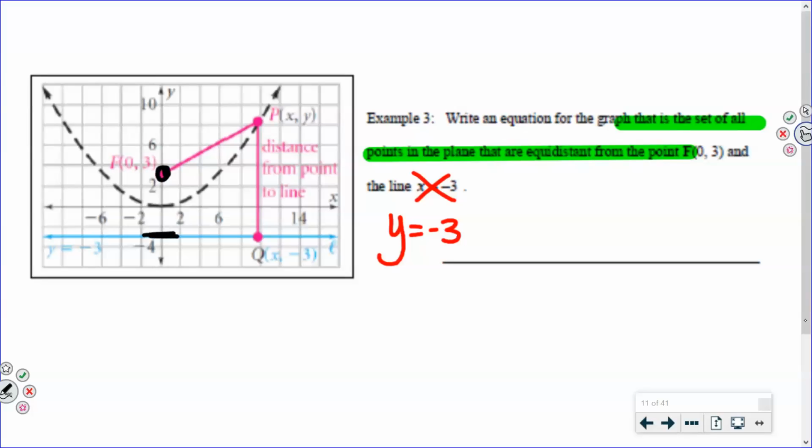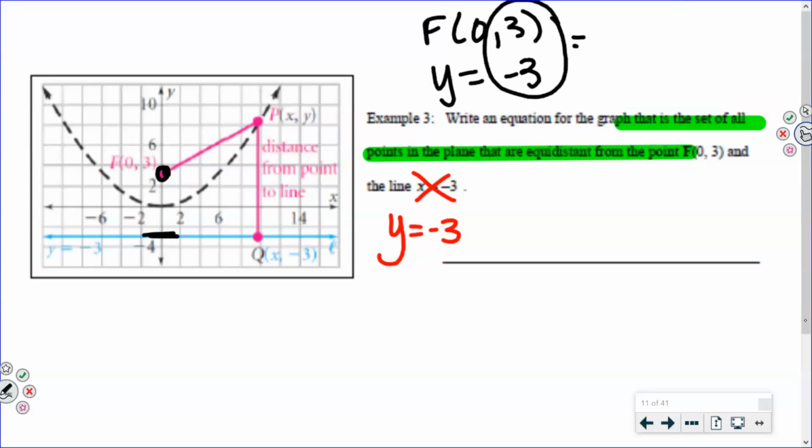Notice that the focus and the directrix are 6 units apart. So if the focus is at 0, 3 and the directrix is at y equals -3, that's 6 units. Right in between those two is going to be your vertex. So if 6 units is the total distance, then the midpoint of that is going to be your vertex. So the p-value is 3.